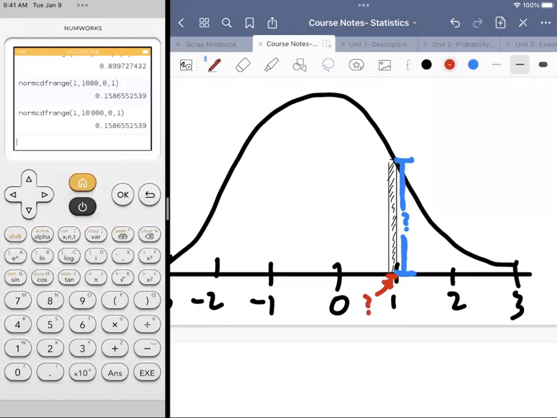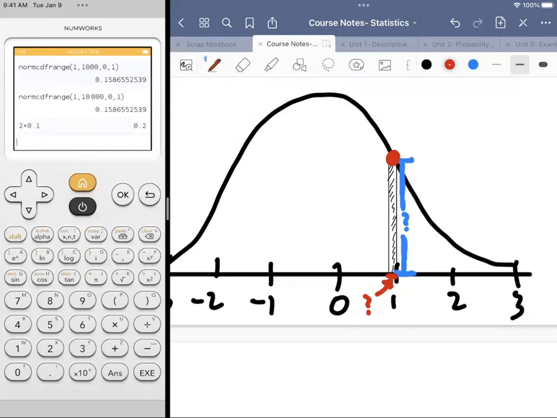All right, so if I tell you that the height at this location is 2, it isn't, but let's say it's equal to 2, and the width is, I'm going to make it 0.1 millimeters. Then I could say, okay, well, that area is 2 times 0.1, which would be 0.2.